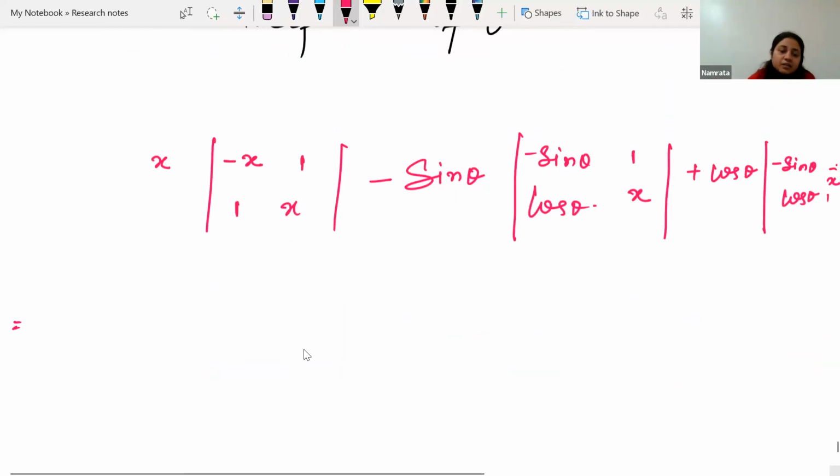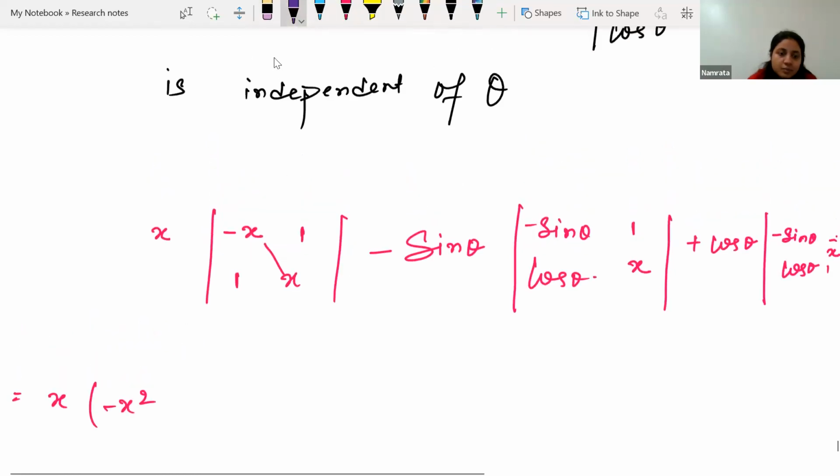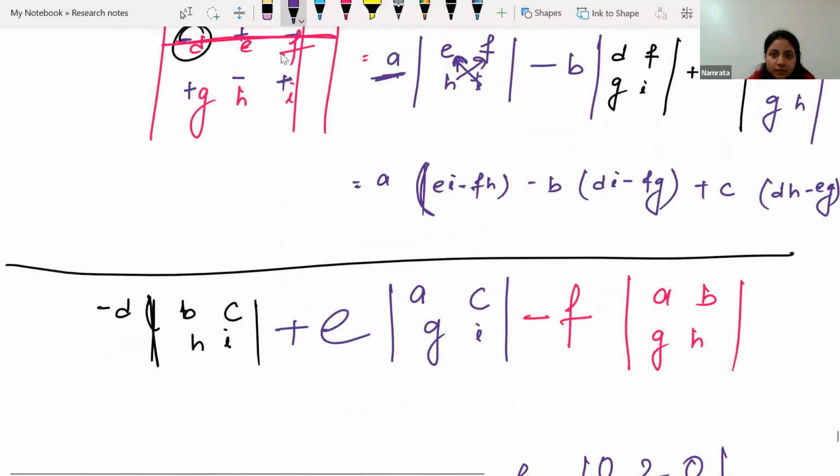Okay, let's expand it here. So we will have x times minus x square plus 1, right? Sorry, it's not plus 1, it's minus 1. Previously also we have written negative, no?